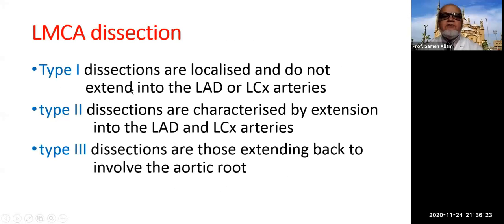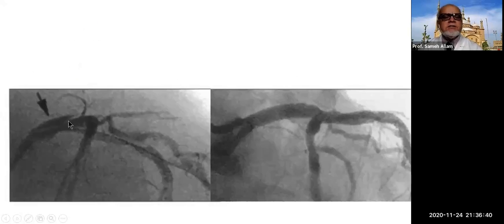dissection. If the dissection in the left main is confined to the body of the left main, it is type 1. If it extends antegradely to involve the LAD or the circumflex, it's type 2. If it extends retrogradely to involve the aortic root, it is type 3. This is an example of type 1 dissection confined to the left main coronary artery that was treated successfully by stenting.